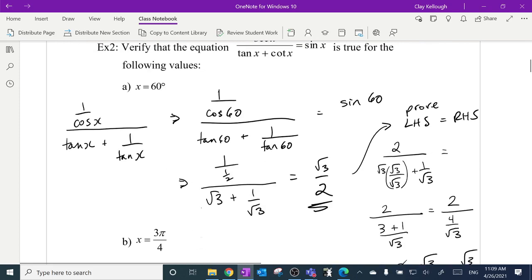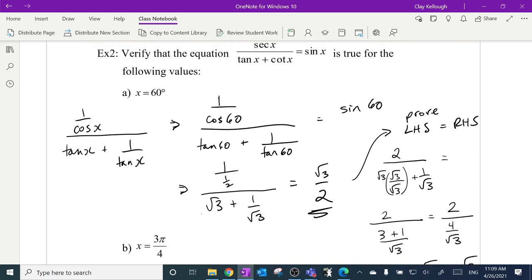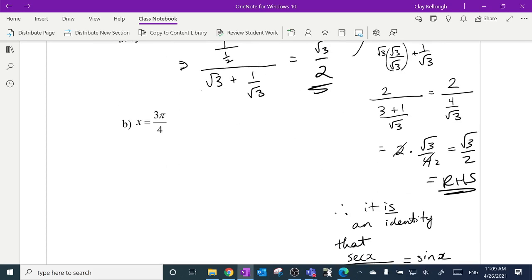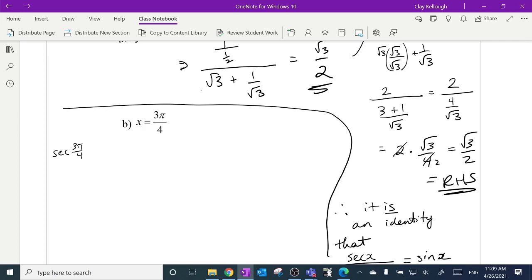Try it again, but this time try it for 3 pi by 4. Okay, so I'm going to go back to what I had before here. So that's going to be secant of 3 pi by 4 over tangent of 3 pi by 4 plus cotangent of 3 pi by 4.